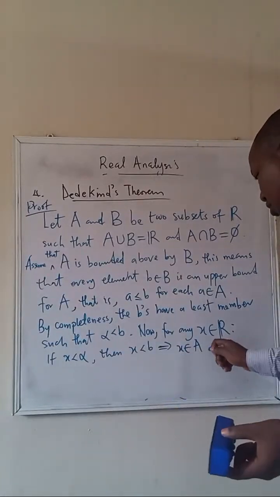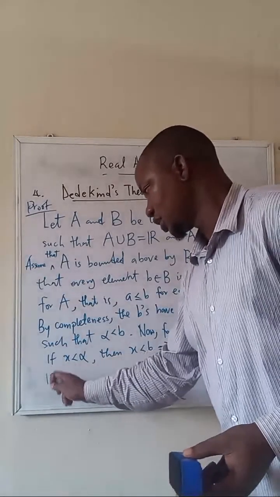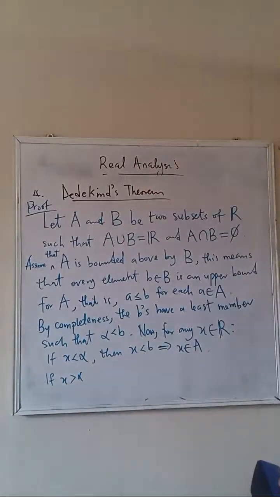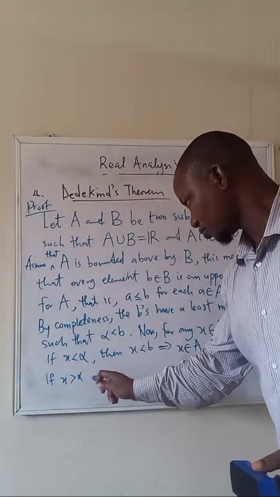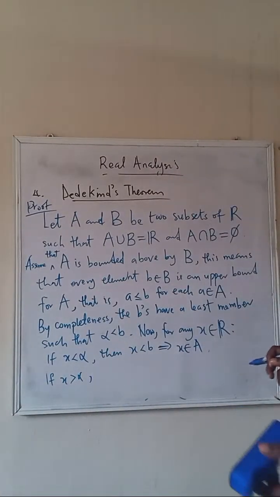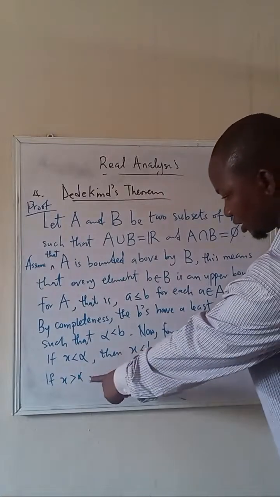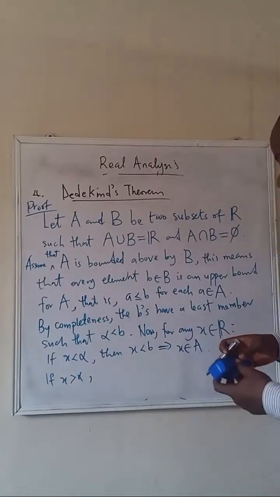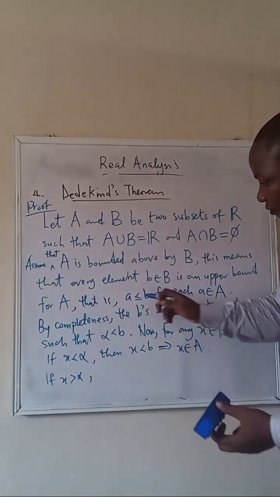Also, if we have x that is greater than alpha, let's see the relationship we have seen between alpha and b. According to this, alpha is somewhere here.